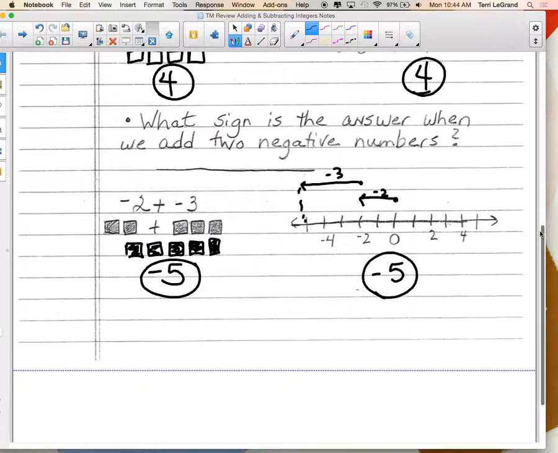In other words, if the temperature starts at 0 degrees and it drops, and then it drops again, is it going to stay in negative territory? If you borrow money from your parents one day, the next day you borrow some more, do they all of a sudden hand you money and say, here, you're to the good now?